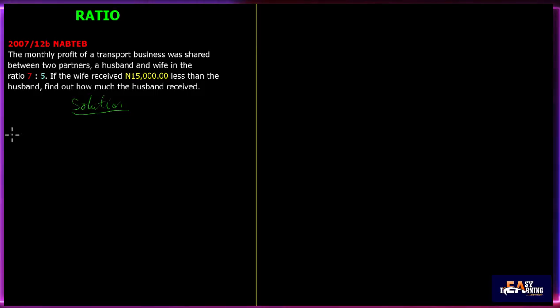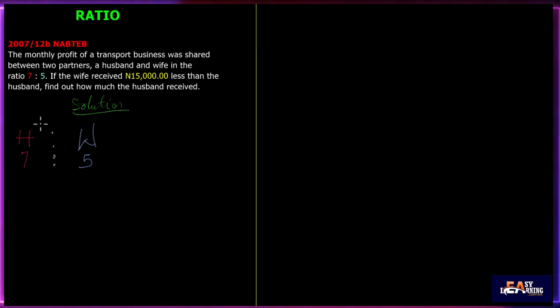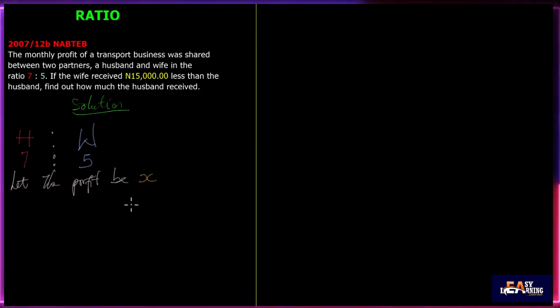So we're gonna have the husband and wife, and we are told that they've shared the money that was given in the ratio of 7:5.